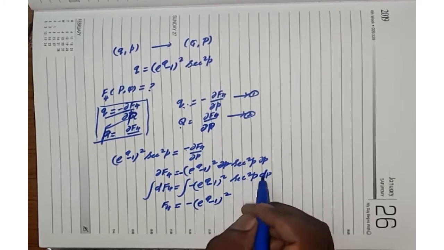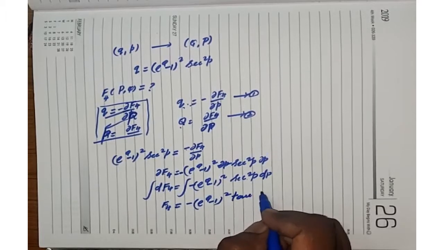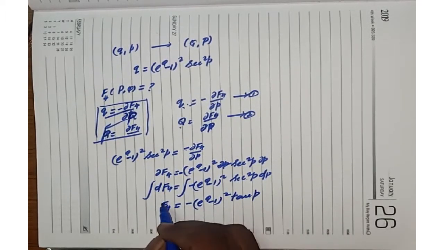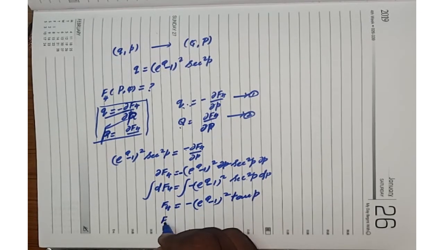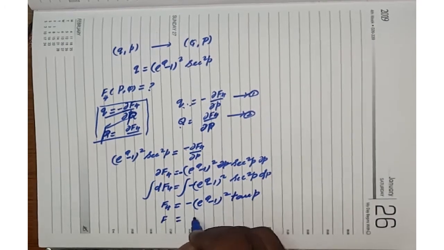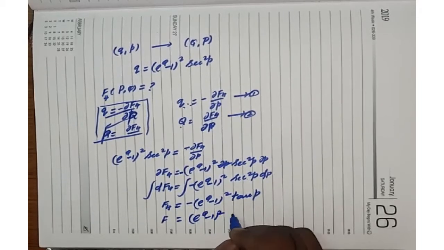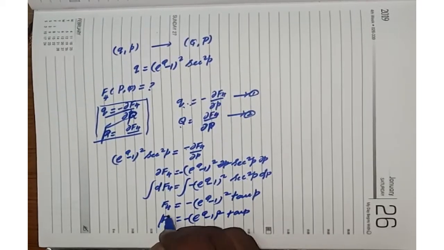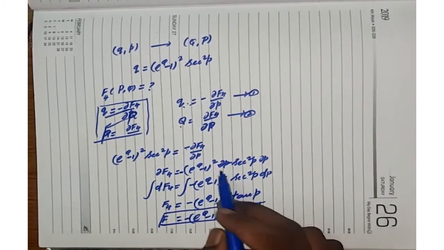The integral of secant squared p dp gives tan p. So the generating function is equal to minus (e^q minus 1) whole squared tan p. This is the right answer for the given question.